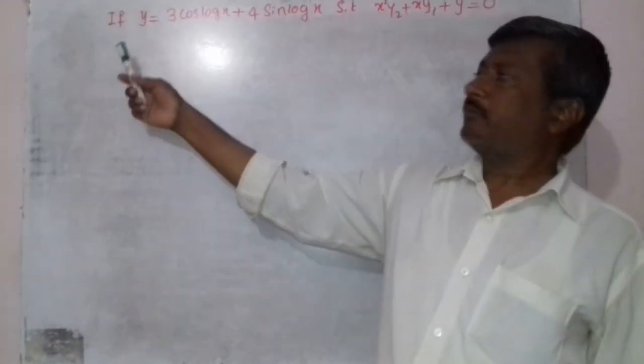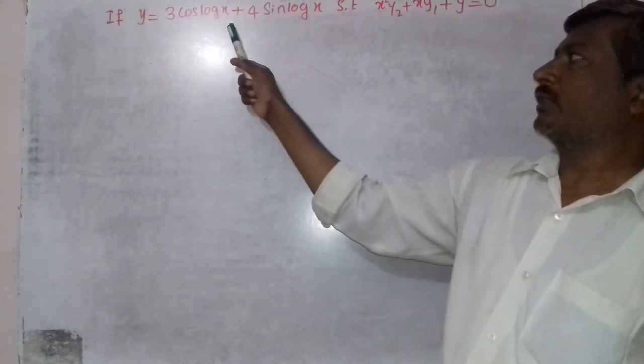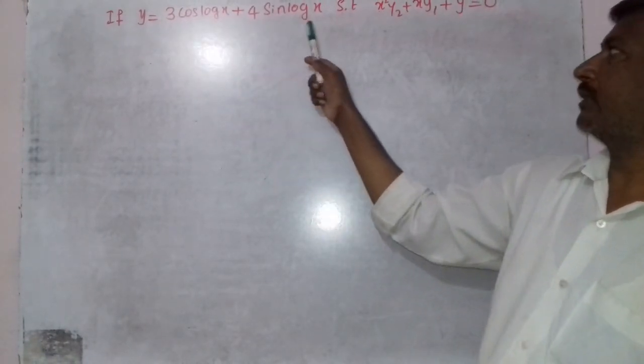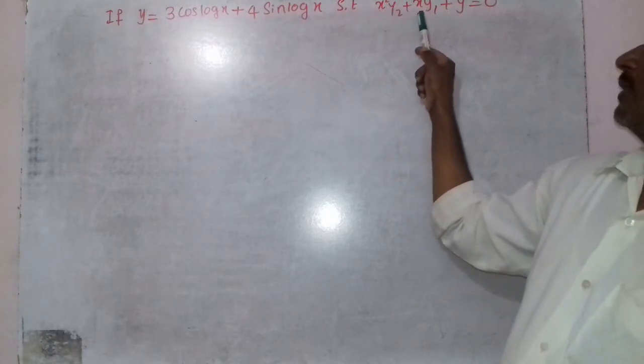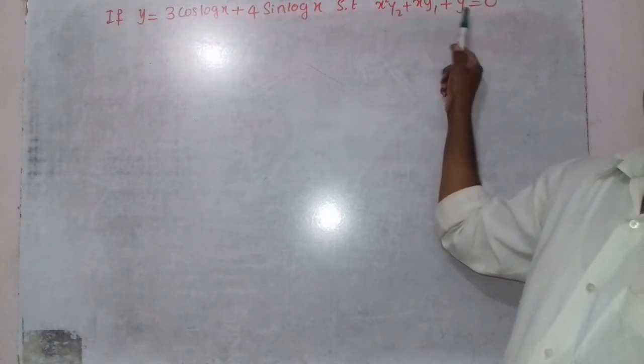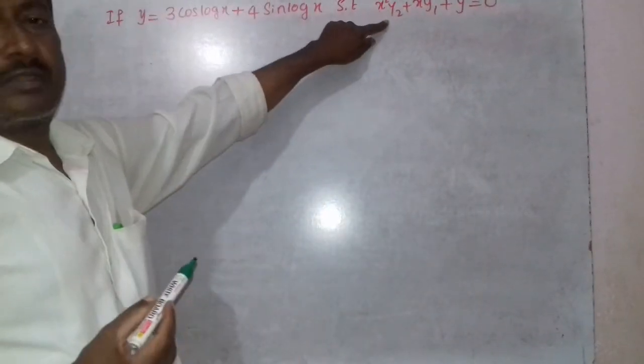So in this problem, if y equal to 3 cos log x plus 4 sin log x, show that x square y2 plus x y1 plus y equal to 0. Observe here, there is change of notation.